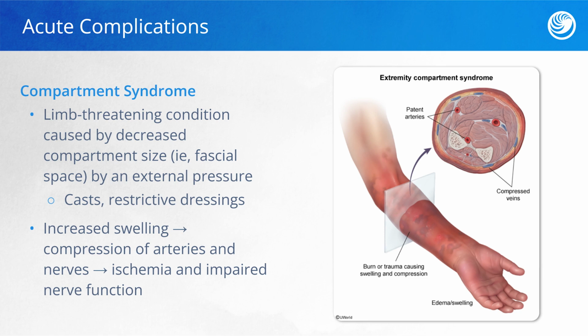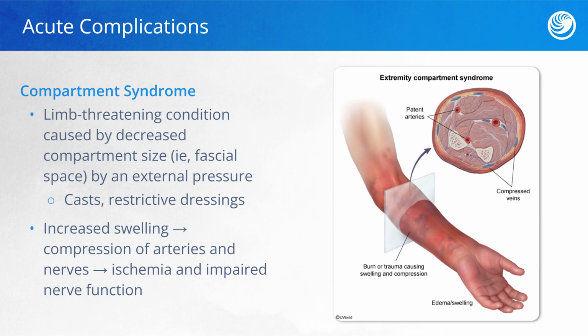You can see in this image the swelling and then the cross-section of the arm. The arteries are still patent as of now, but the veins have already been compressed due to the edema. This is why it is so important to perform those neurovascular assessments for these clients. This pressure has to be released.